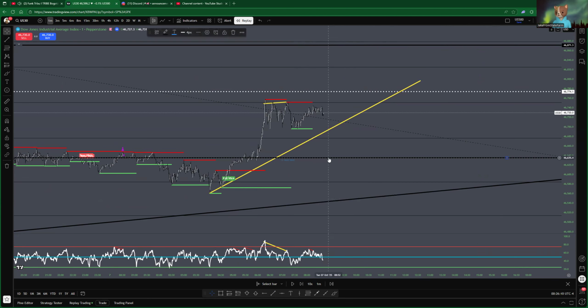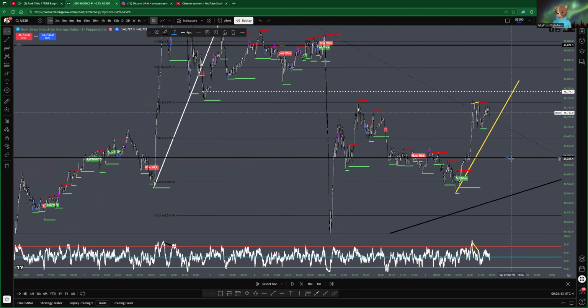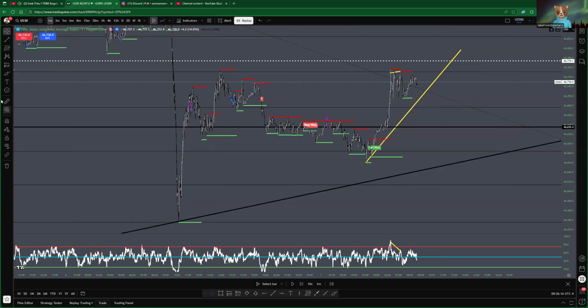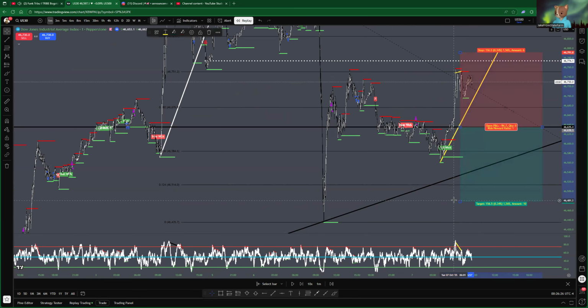And then we'll take the black horizontal range level too. And we'll be aiming for the second line on the fib. So 122. 122 pips off the range.